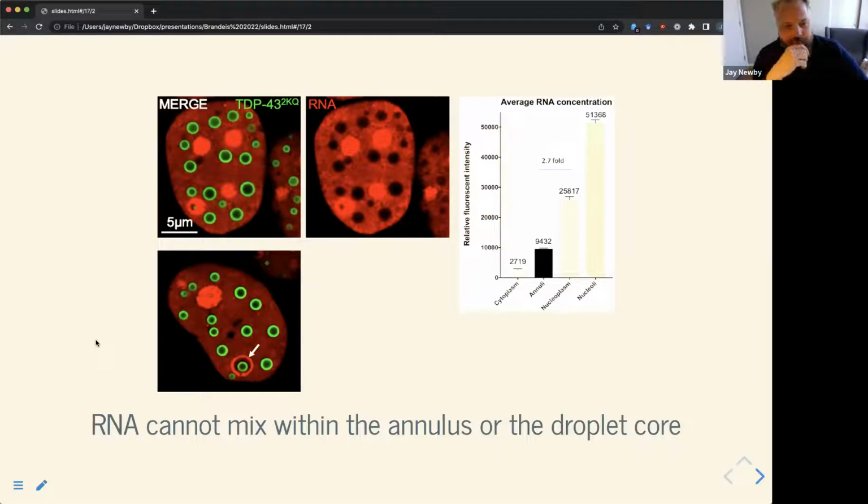They like to be apart from each other. So what you see here is TDP43, this time in green, forming the annular droplets, and then the RNA is excluded from those droplets, right? So it's freely mixing in the nucleoplasm, but doesn't want to go inside the droplets. And there's an arrow here. He was really interested in whatever that was. I don't know what that is. Probably some accident.